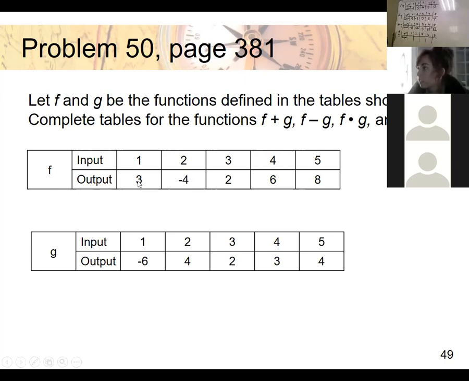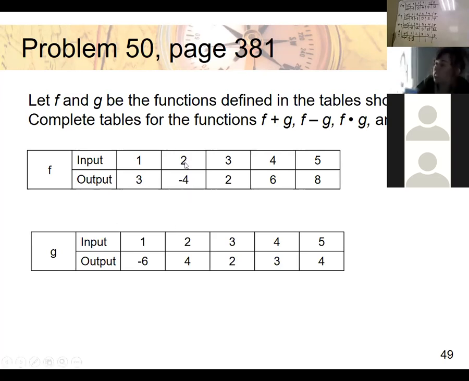So for the input of 1, we do 3 divided by negative 6. It'd be negative 3 over 6. But in simplest form, it will be negative 1/2. Okay.